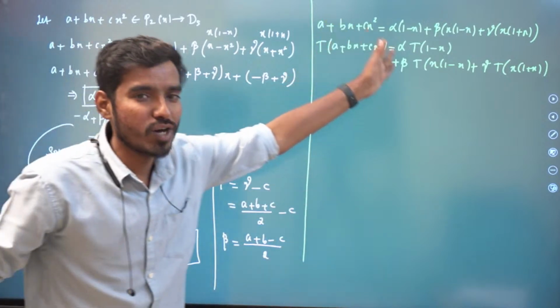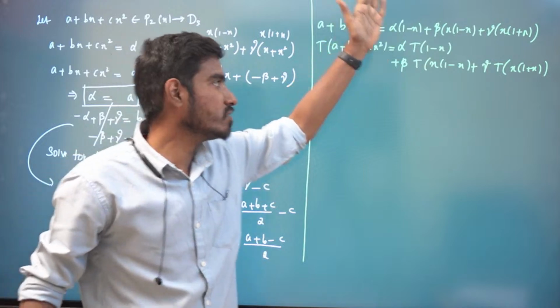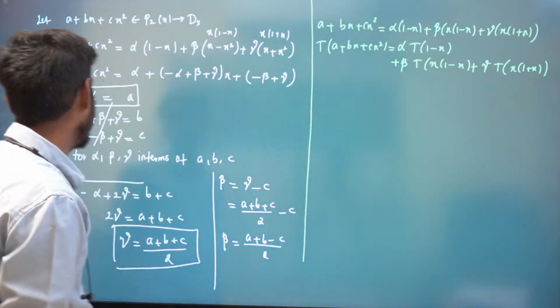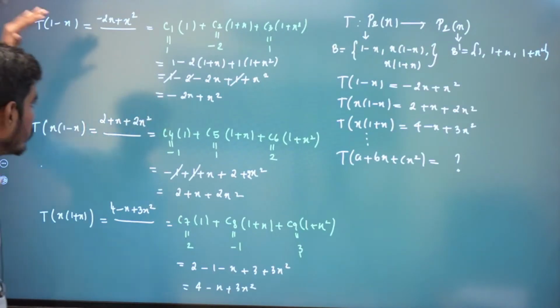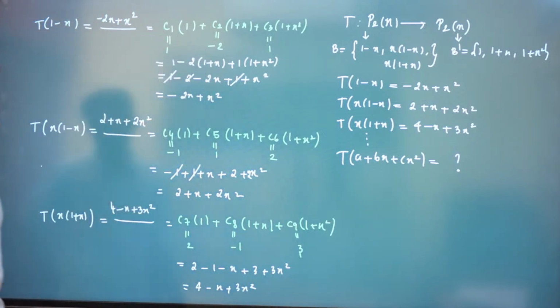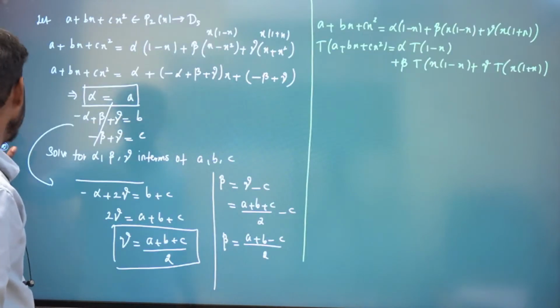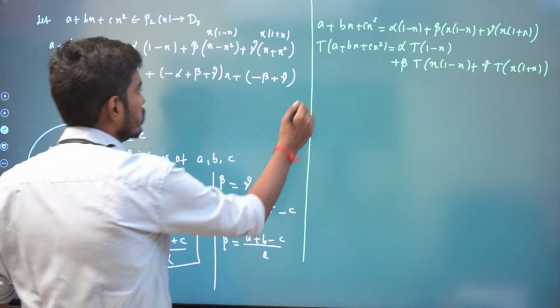We know the values of T of 1 minus x, T of x(1 minus x), and T of x(1 plus x). That is why we have found all these values. Okay. We'll substitute here.